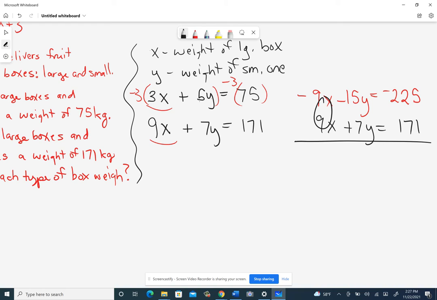And I wind up with -8y equaling a 45. I'm surprised because I don't think that turns out right. So 5 minus 1 is 4. 7 from 12 would be 5.